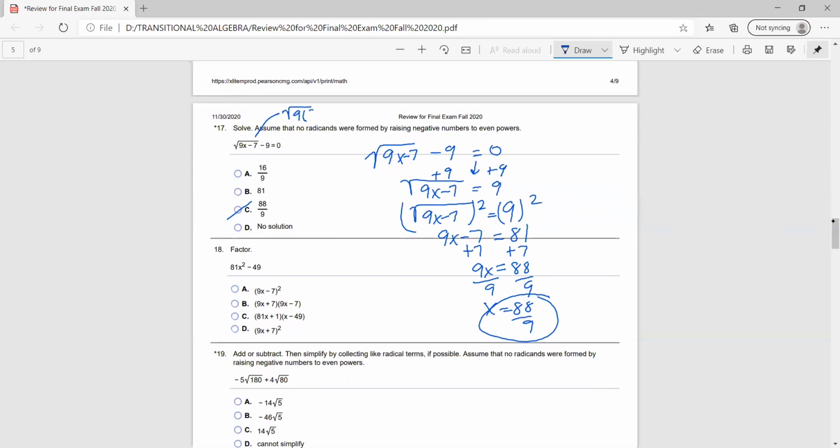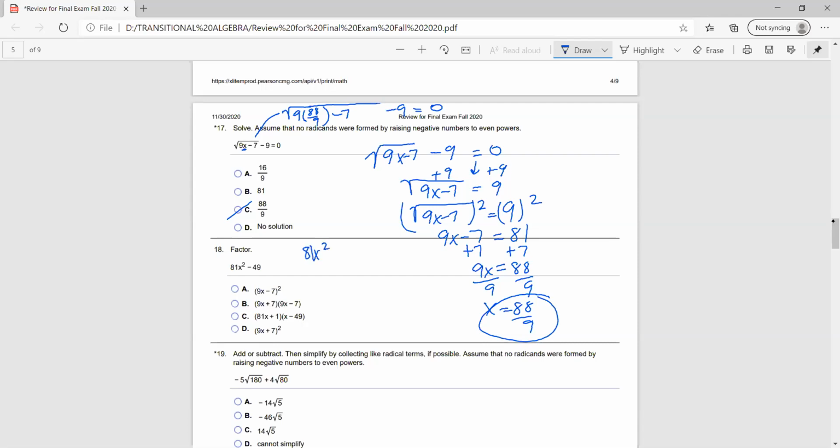So 9 times 88 divided by 9, I'm plugging that in for x, minus 7, and then I would put my minus 9 because that's not underneath the square root. And I'd hit enter, and it's supposed to be equal to 0. If it's not equal to 0, then that's not the right answer. So don't forget that, especially on your final, if you're working an algebra problem, you can plug these back in, see which one works, okay? Don't forget about that.